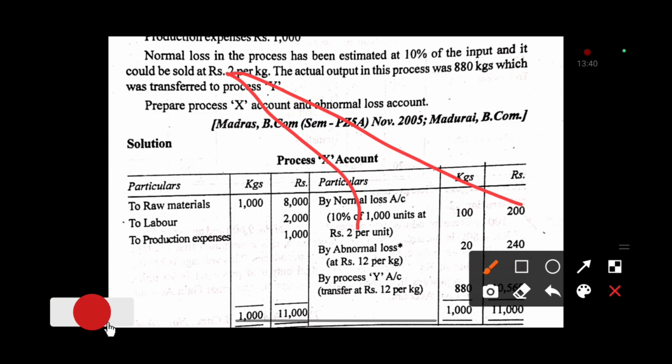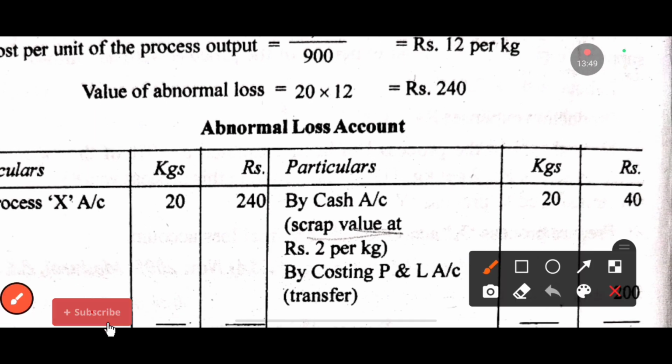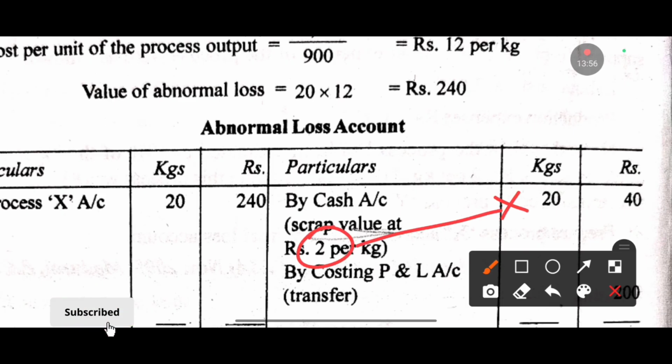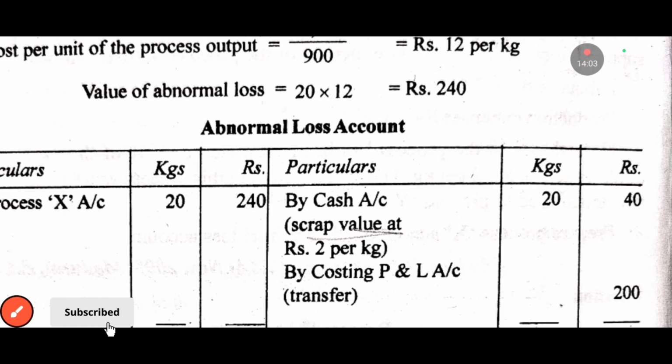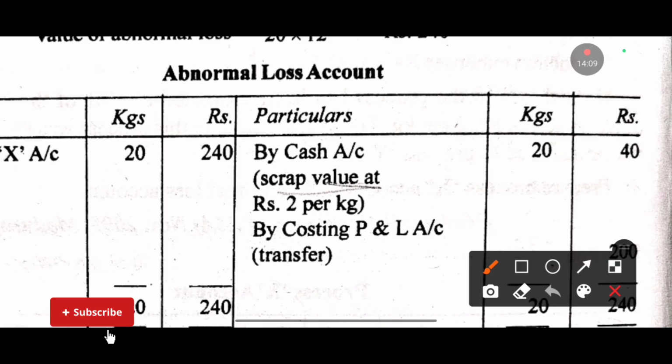Similarly, the 2 rupees is calculated with the abnormal loss of 20 kilos. So the 2 rupees scrap value is to be multiplied with the abnormal loss 20 kilos. You will get the scrap value of abnormal loss, 40 rupees.